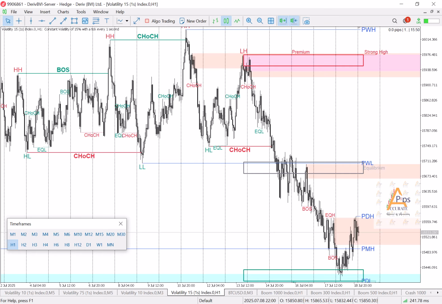So on H1, both our internal and external structure are bearish. It is not aligning with our H4 external structure, but it is aligning with our H4 internal structure. So it is still suitable for us to make trading decisions with. Later on, I'll explain how we look at the zones and other markings on the system.